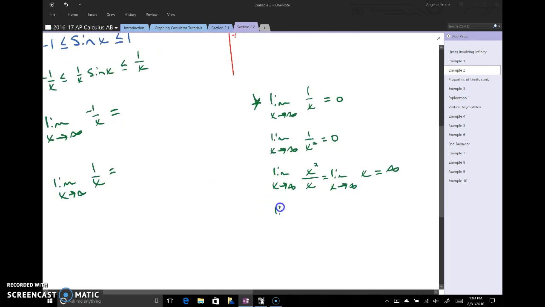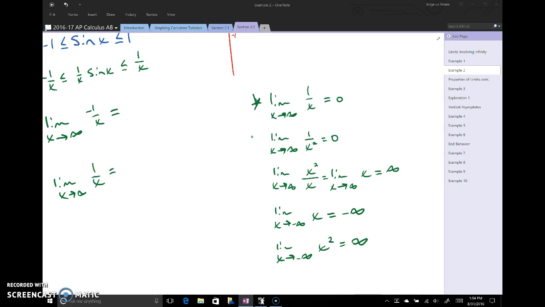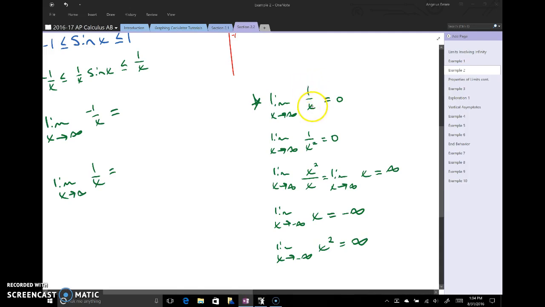Or if we had the limit as x approaches negative infinity of x, that would be negative infinity, or the limit as x approaches negative infinity of maybe x squared, that would be positive infinity. These are basic limits involving infinity that you need to know, because we'll try to break down more complicated problems into these. The basic idea though is 1 over x.